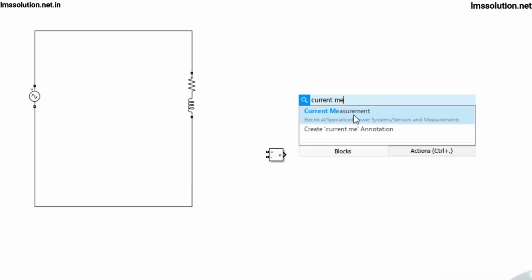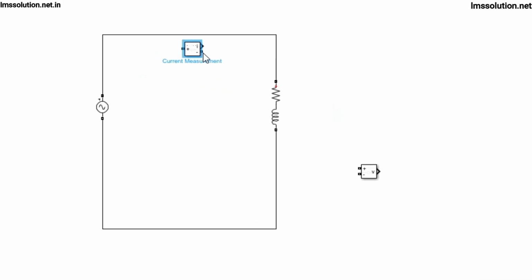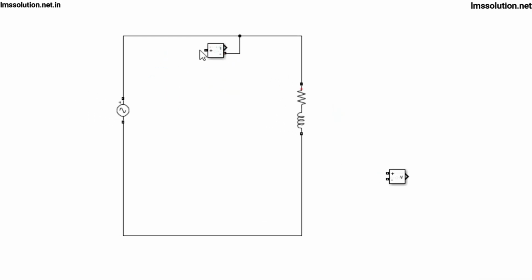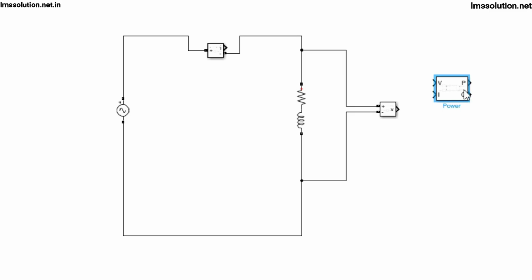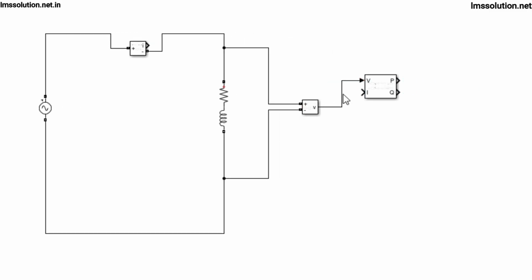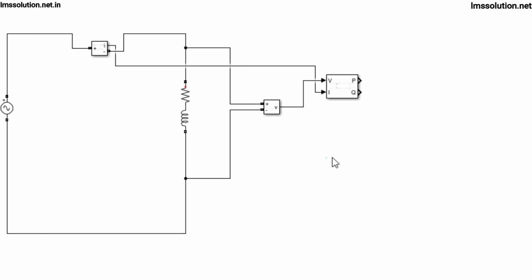Use the current measurement and connect it here, and connect the voltage measurement across the load. Then here you see the power block, right? Just drag and put it here, and then connect the voltage and current measurement.